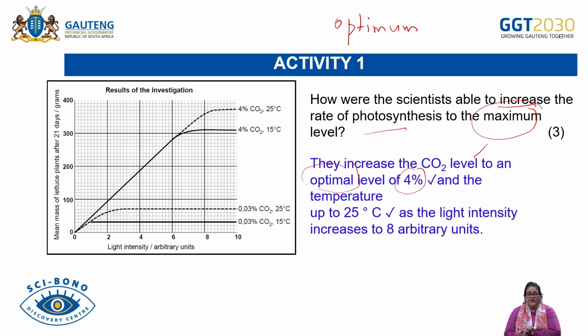And they also increased the light intensity from 2 arbitrary units to 8 arbitrary units, which is the optimum level of light intensity, therefore increasing the rate of photosynthesis, and increasing the mass of the lettuce plants. Okay.